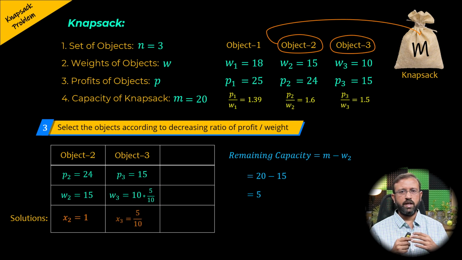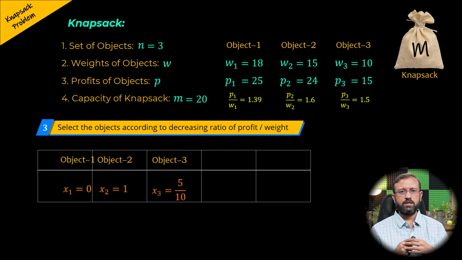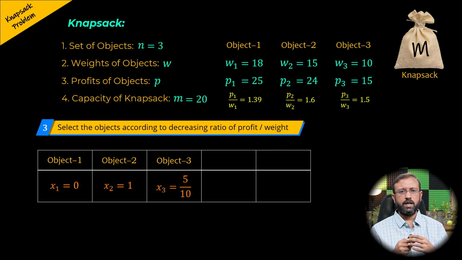So, the solution x3 will be 5 by 10. Now, the remaining capacity of the knapsack will be 5 minus 5 by 10 multiplied by 10, which is 0. Since the remaining capacity is 0, no other object can be used to fill the knapsack. So, in this case, the solution x1 is 0, x2 is 1, and x3 is 5 by 10.